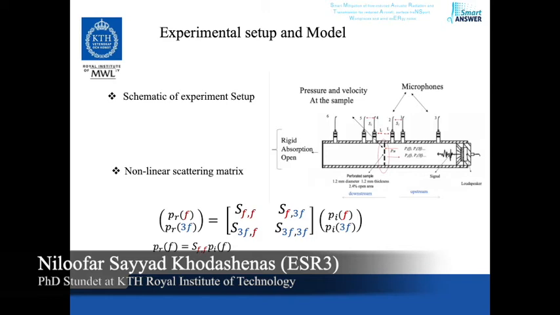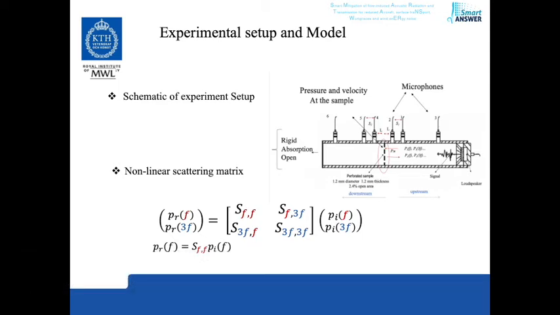The model which studies the nonlinearity in this case is a scattering matrix. You can see that we have a pressure incident and pressure reflection. And the red frequency is high frequency and the blue frequency is low frequency. If we were in the linear regime, the only parameter which could relate P incident to P reflection was reflection coefficient.